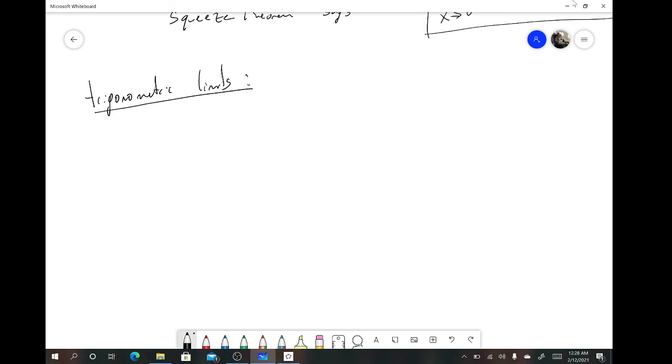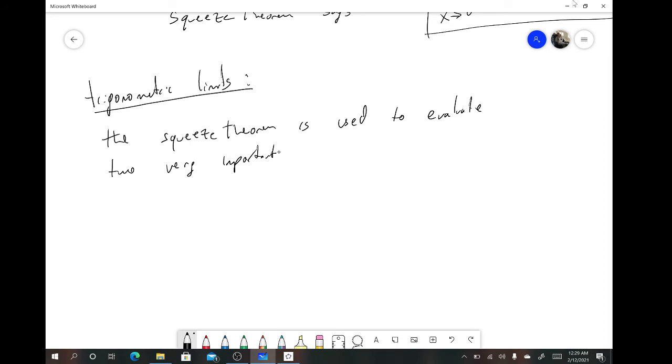Okay, so the squeeze theorem is used to evaluate two very important limits. These limits are the following.